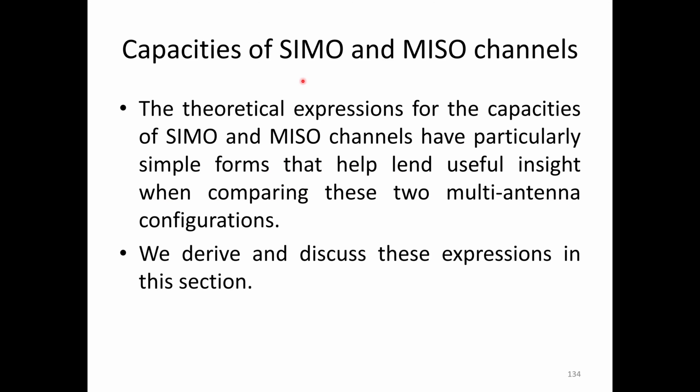Because we already have the theoretical capacity of MIMO channels, SIMO channels and MISO channels are special cases of the MIMO channels. So we can easily get the theoretical expressions for the capacities of SIMO and MISO channels. We derive and discuss these expressions in this section.